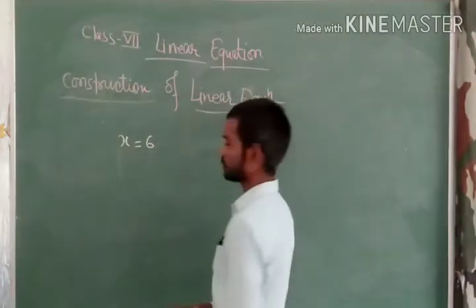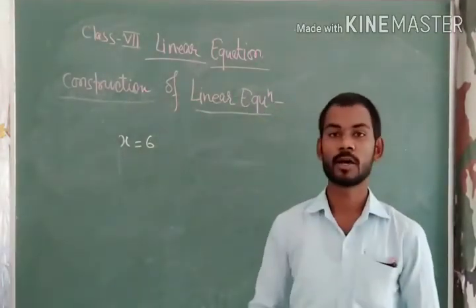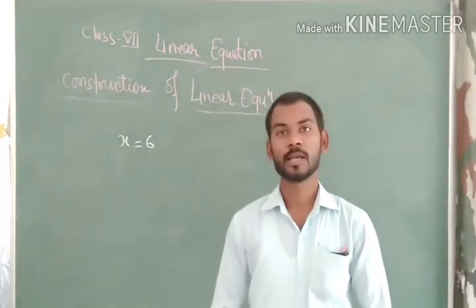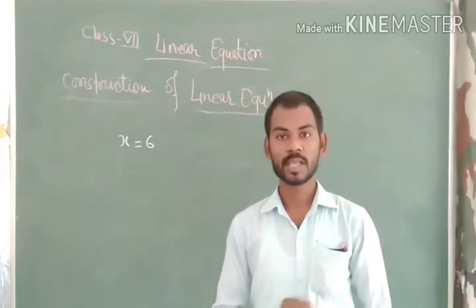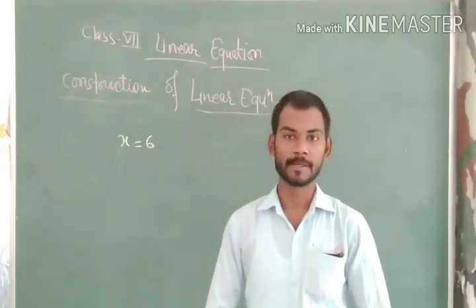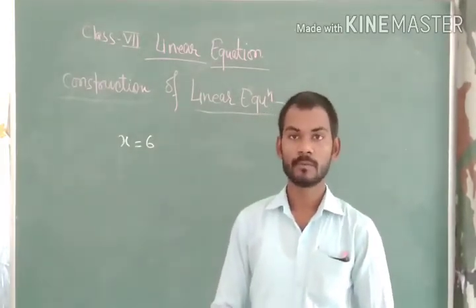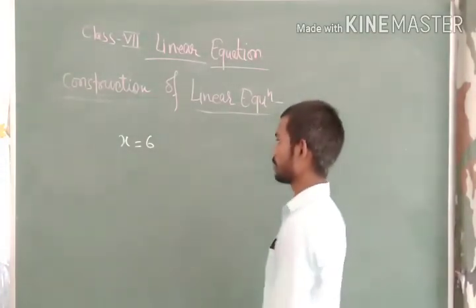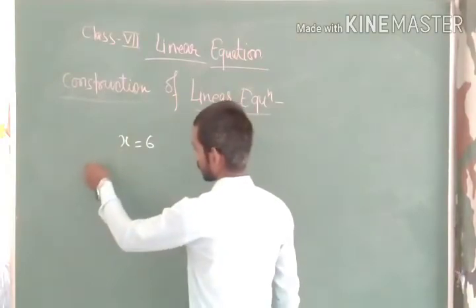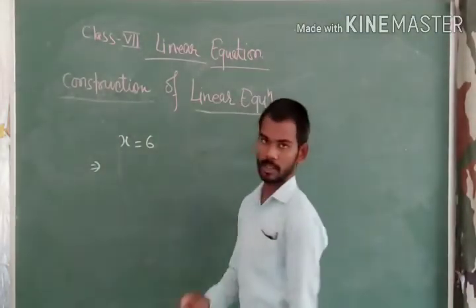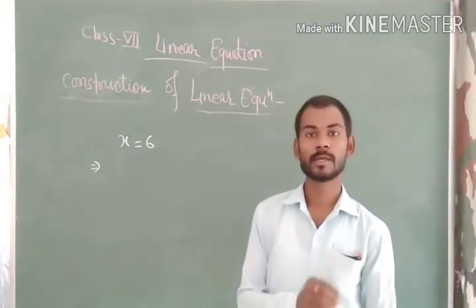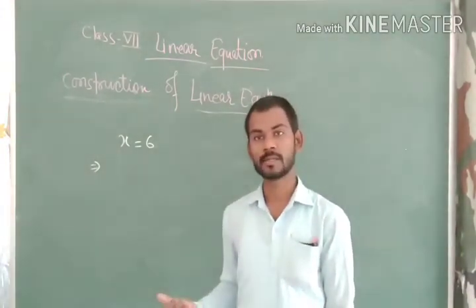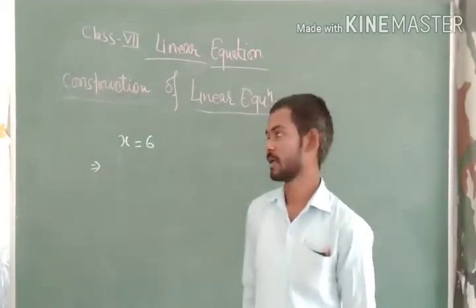For this, as we know, in simultaneous operation we carry out the same operation on both sides. Here we apply that method, that is, if we add any number to the variable, then we must add that number on the right hand side.